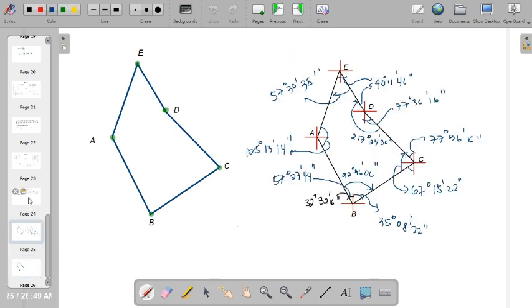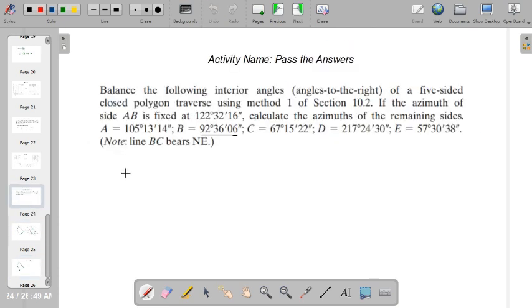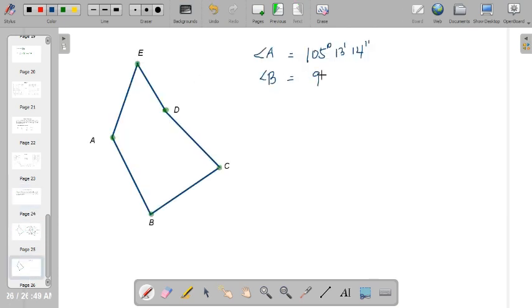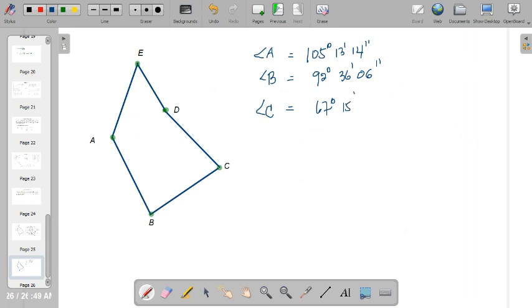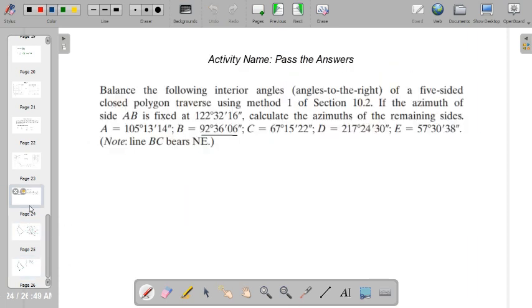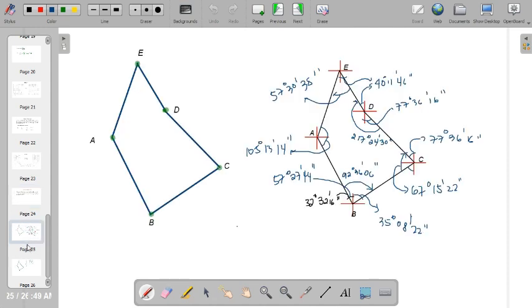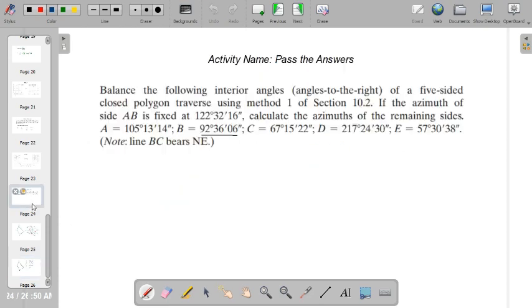So angle A is equal to 105 degrees, 13 minutes, 14 seconds. Angle B is 92 degrees, 36, 06. Then 67, 15, 22. Then 217, 24, 30. And then we get 57, 30, and 38.